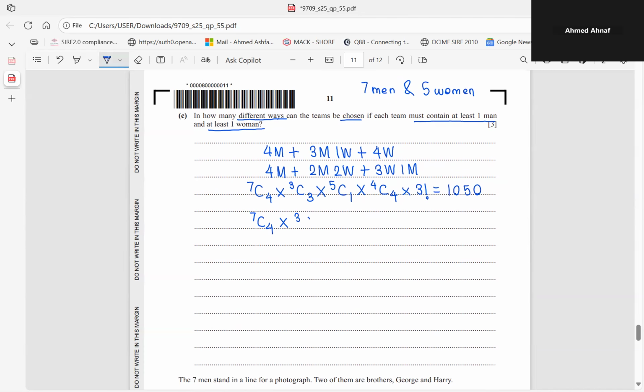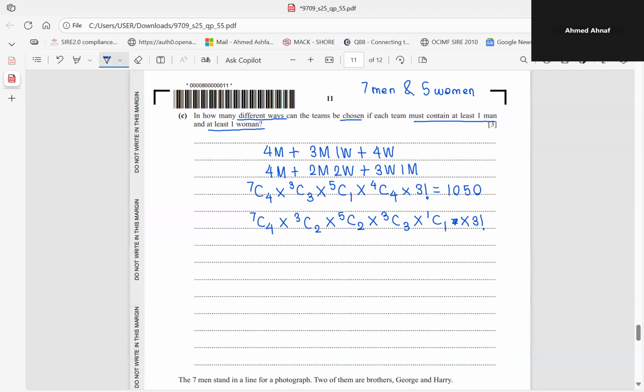And then for the second one, we have 4 men, so 7 choose 4, times 2 men, which is 3 choose 2, times 2 women, that's 5 choose 2, times 3 women, which is 3 choose 3, times 1 man. So we would only have 1 choose 1. And don't also forget to factor in the order of the combinations as well.